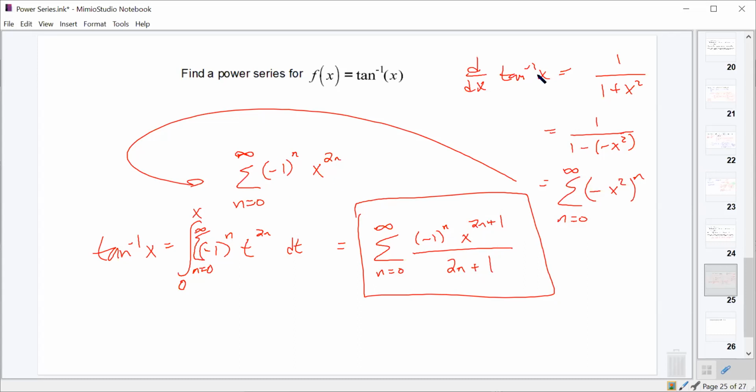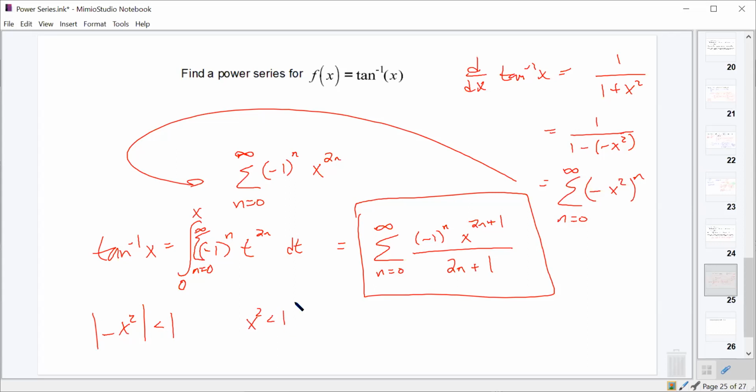And before we worry about the interval of convergence, well, actually, let's do that now. So what was our original? Our original one came from negative x squared. So we need the absolute value of negative x squared to be less than 1. Well, the absolute value of negative x squared is just x squared. We need x squared to be less than 1.